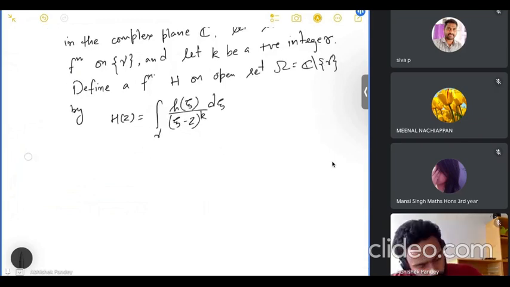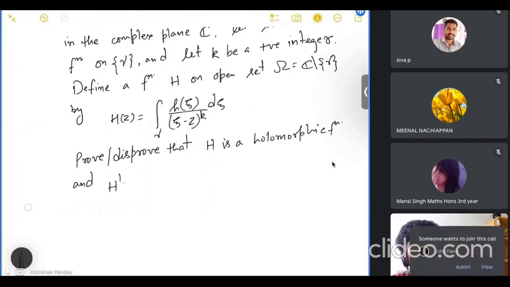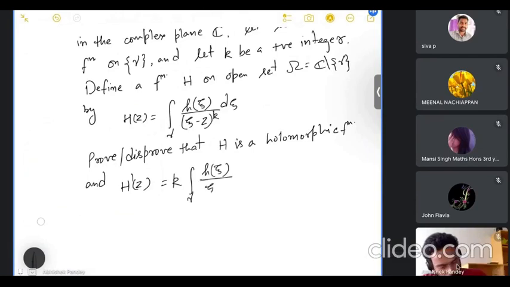So prove or disprove that H is a holomorphic function and whose derivative is given by k times the integral over gamma of h of xi upon (xi minus z) to the power k plus 1 d xi.